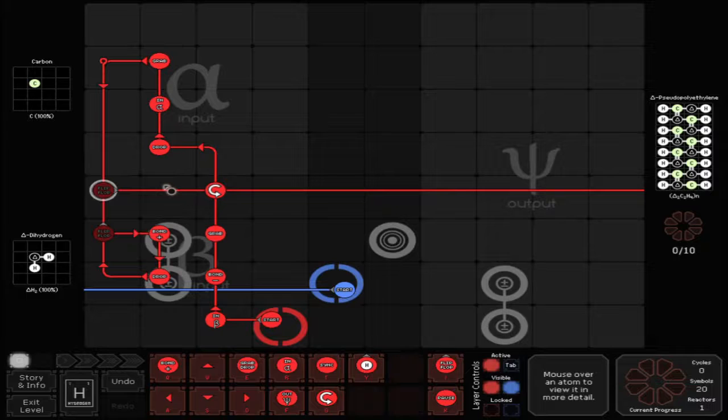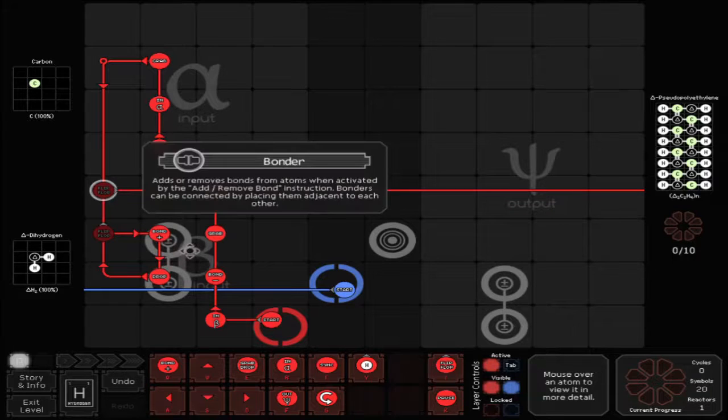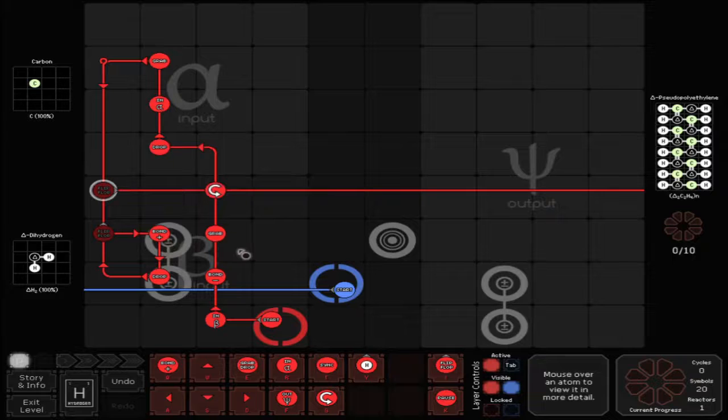I don't think I can do this, actually. I have to move downward after bonding it, and that will unfortunately push it out of the reactor.